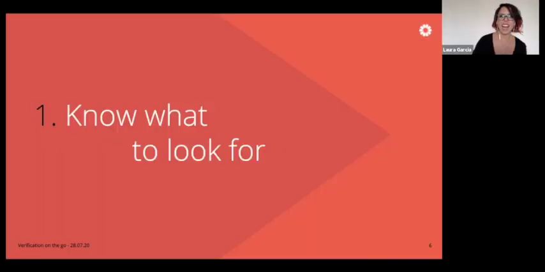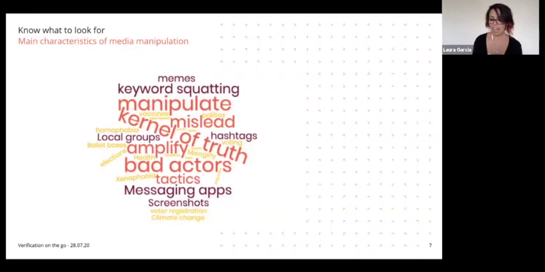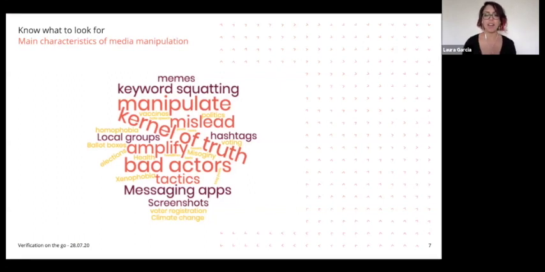Step number 1: how do we know what to look for? If you were at my ISOJ talk, a little bit of this harks back to that. It's about understanding that the main characteristics of media manipulation are the same, whether you're seeing them on a computer screen, a phone screen, an iPad, a smart television, or printed on a pamphlet. They're exactly the same.